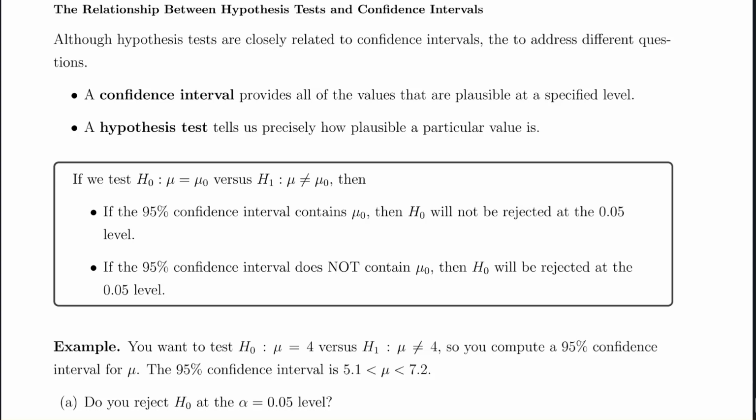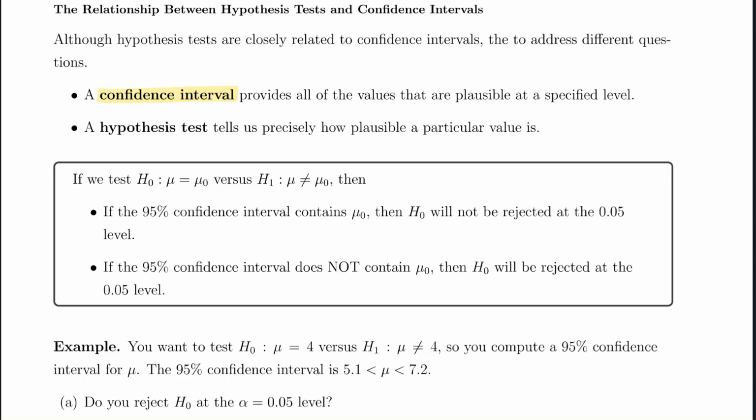Now, let's briefly talk about the relationship between hypothesis tests and confidence intervals. We've talked about confidence intervals previously. We've just introduced the idea of hypothesis tests, so we're going to talk about how they are related and different. A confidence interval provides all the values that are plausible at a specified level.